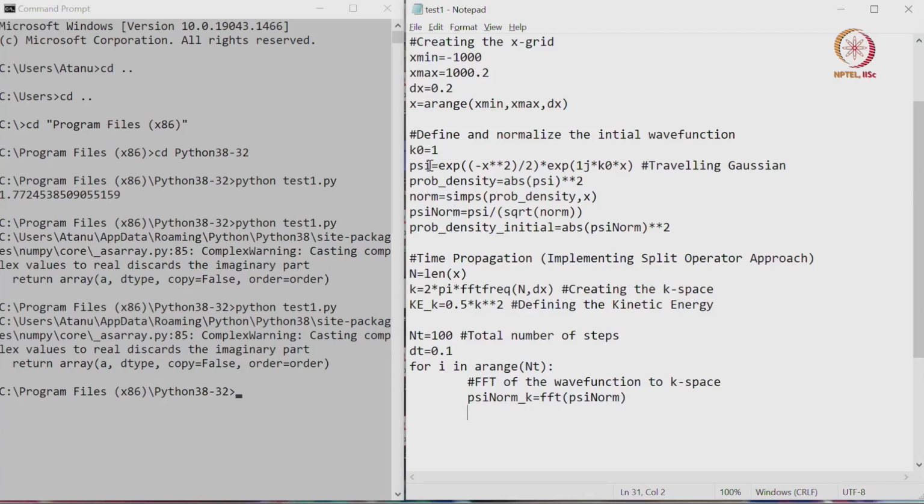Then I have to use the time evolution. We have to carry out the kinetic part of the split operator. Here we only have the kinetic part, so the split operator is nothing but the kinetic part only. There is no potential part. That I can carry out this way.